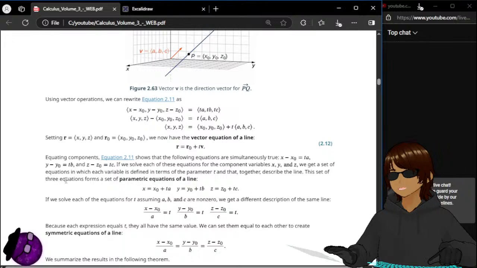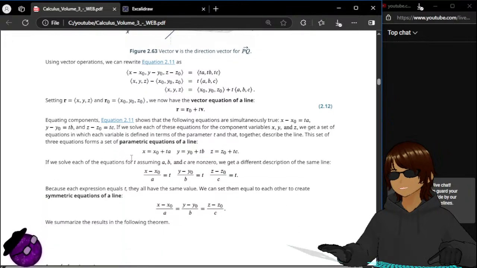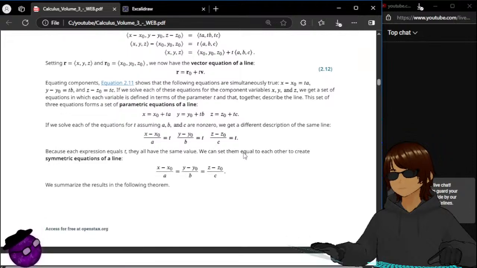This set of three equations form a set of parametric equations of a line. So x is equal to x0 plus ta, y is equal to y0 plus tb, and z is equal to z0 plus tc.